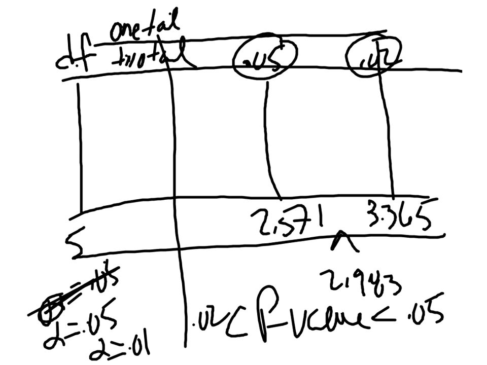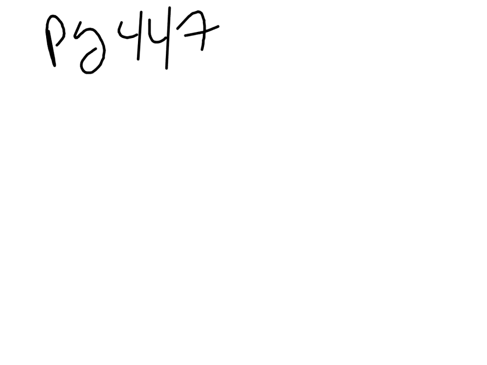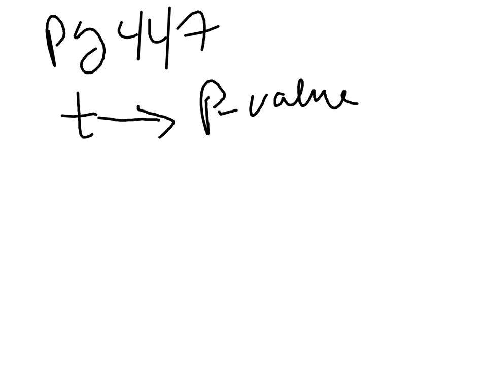And let's do one last question that they give us here just to really hopefully solidify this. They have the same instructions they did before, except, this is on the top of page 447, the only difference is after we get our t-value, we convert it to a p-value to make the determination as to whether or not to reject the null hypothesis.